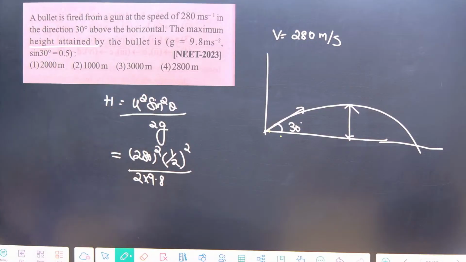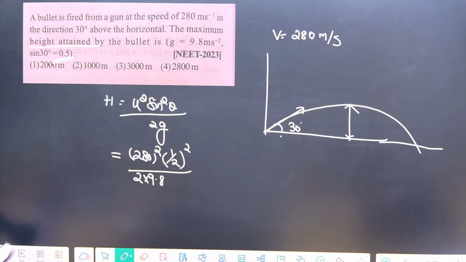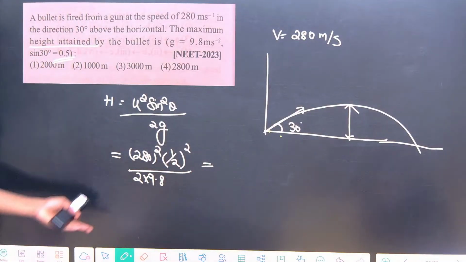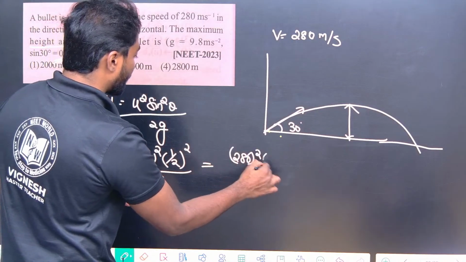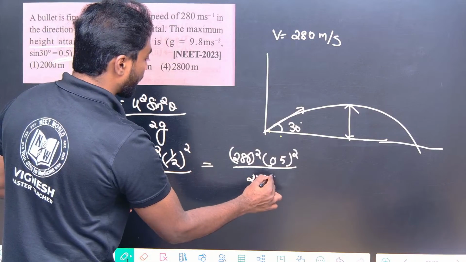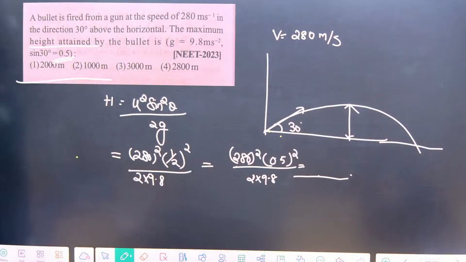If you solve this one, we will get the answer. They have told to take 0.5, so obviously 1 by 2 is 0.5 only. So 280 the whole square into 0.5 the whole square, divided by 2 into 9.8. If we calculate this, we will get the value for the maximum height.